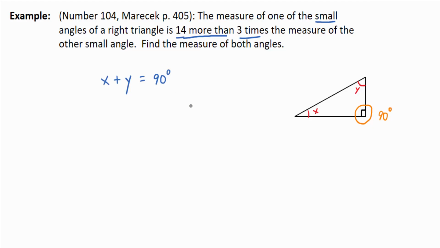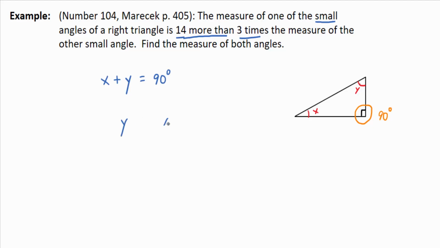Find the measure of both angles. We have to translate from words to symbols there. Okay, first of all, what does 14 more than, what operation does that translate to? Addition, right? 14 more than. And then what does 3 times, that word times, translate directly to? Multiplication.